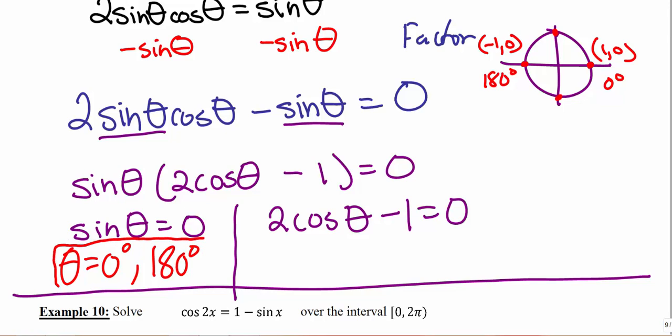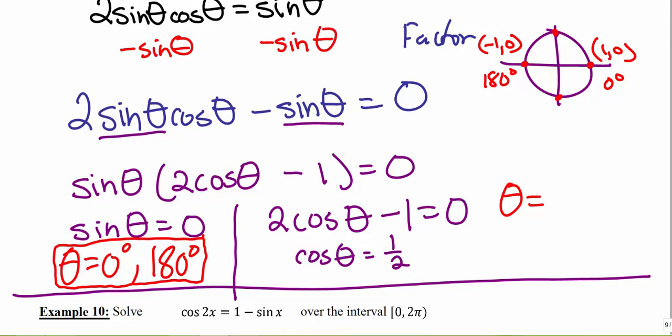Now we do not have to do an adjusted interval here because the input angle at this time is only theta. So here we want to solve for cosine theta, so I would add 1 to both sides and then divide by 2. And what 2 angles then would we be describing here?